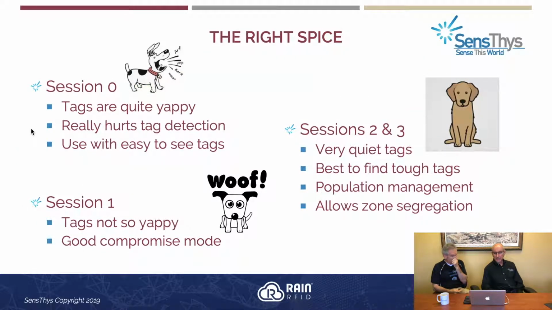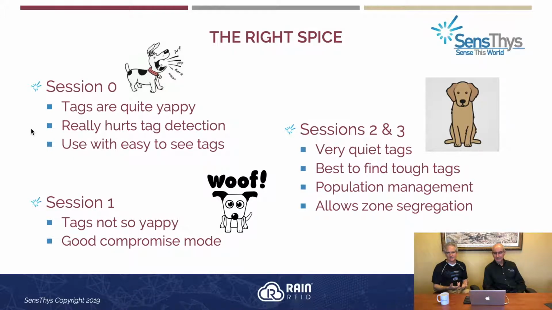Okay, so how do I choose my sessions? What is the right choice? So in session 0, tags are very yappy, and literally imagine yourself in a whole bunch of puppies that are yapping at you, and you're trying to hear a quiet conversation. That's the problem that these readers have.